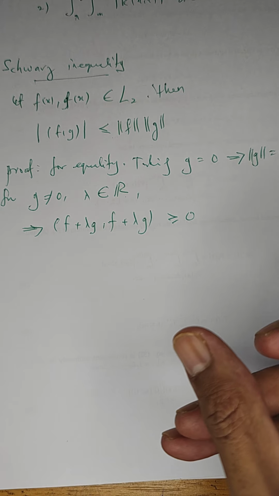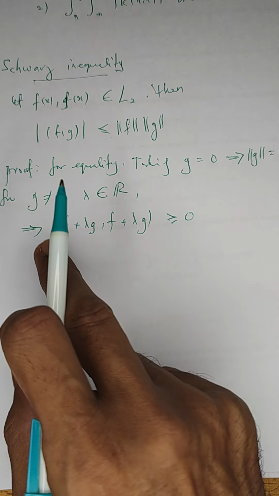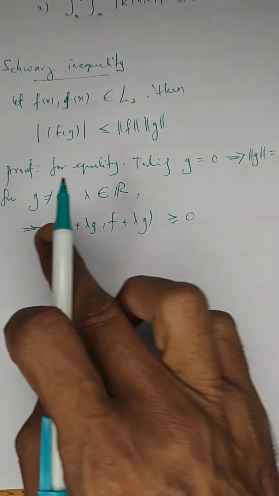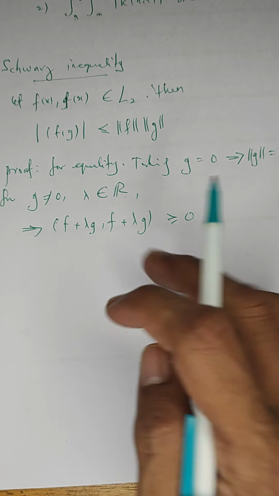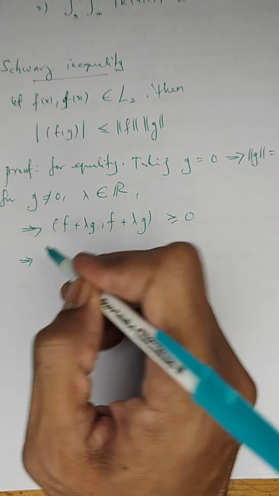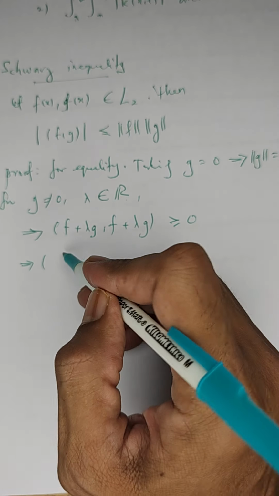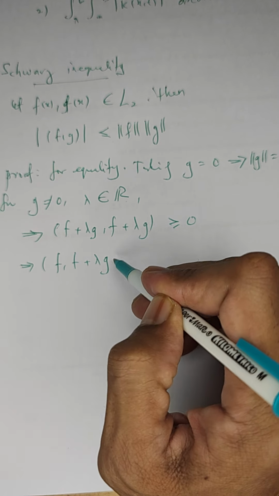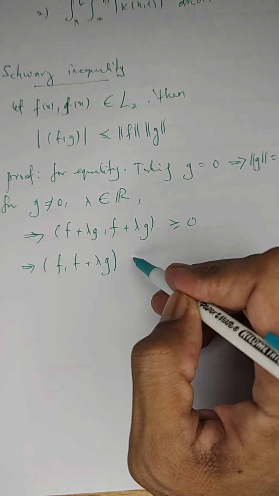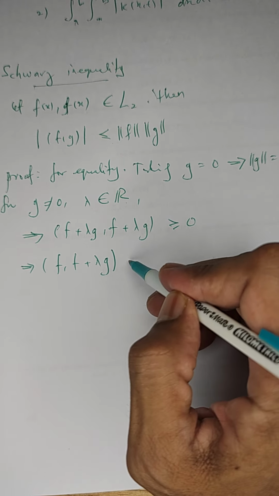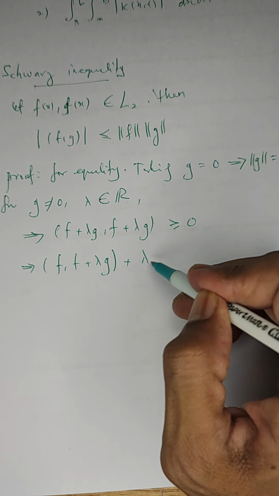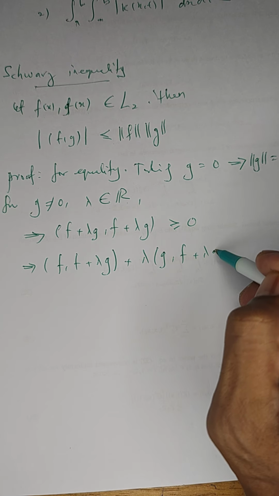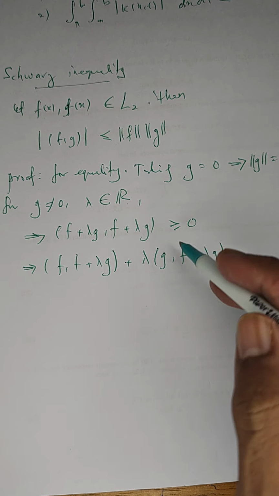We have the norm of f plus lambda g, that's always positive. Or you can split those things, so that gives us the inner product of f plus lambda g with f, plus lambda times the inner product with g. You know that this is positive.